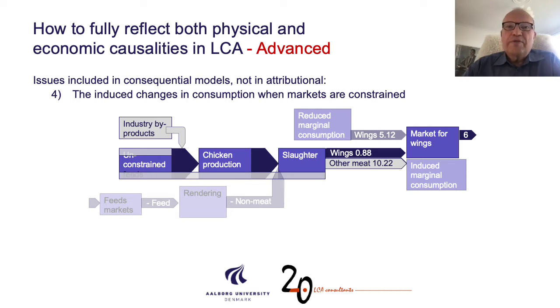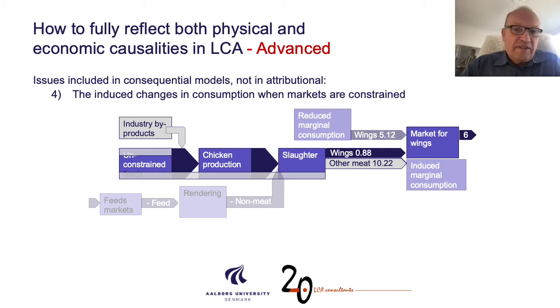So the sum of the reduced marginal consumption and the induced marginal consumption is a change of consumption for other consumers, where they are changing from eating wings to eating other meats. And the quantities are slightly different.